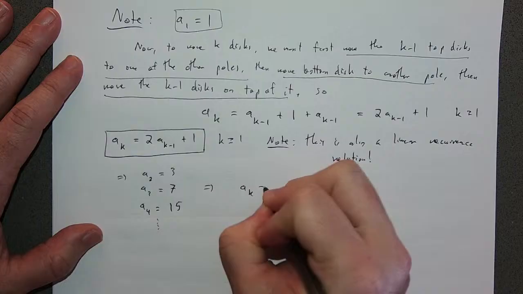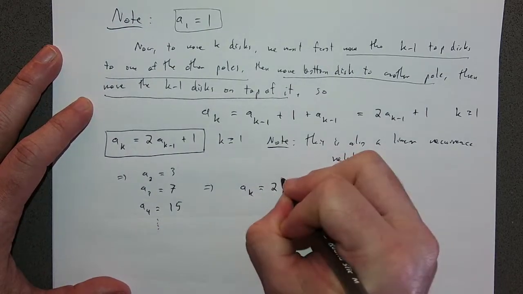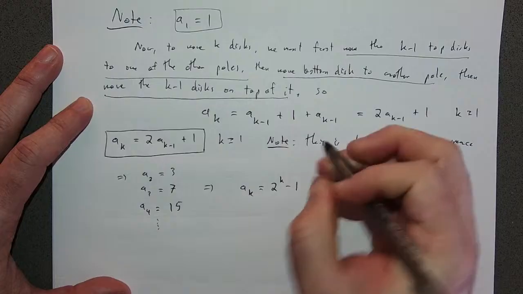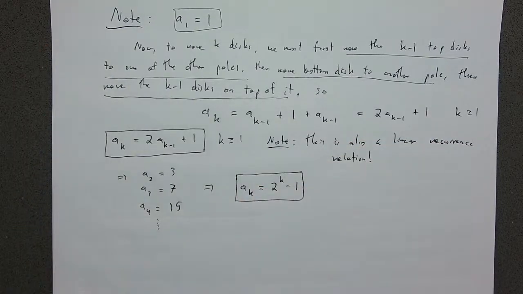The pattern is easier to see in this form than the Fibonacci numbers. In fact, it's clear that the number of moves required to move k disks onto another pole is 2 to the k minus 1.